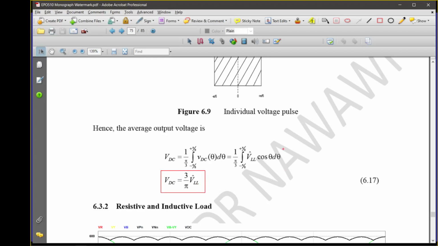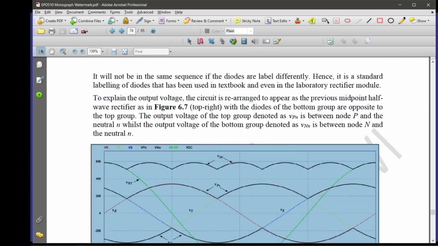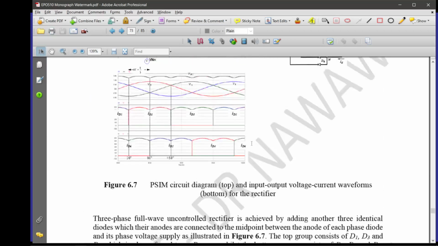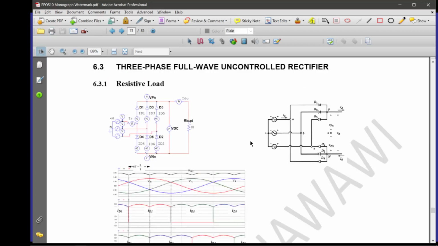So you have to go one by one. You have to master drawing the waveforms and labeling all the waveforms clearly. Then you will be able to see the movement of the diodes. Okay, so you can visualize. You need to visualize, need to understand, right?